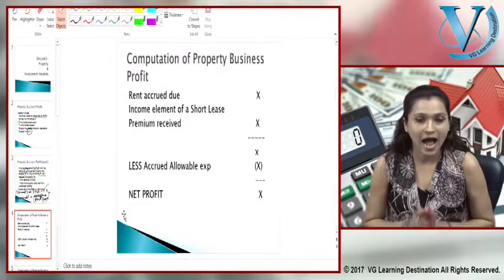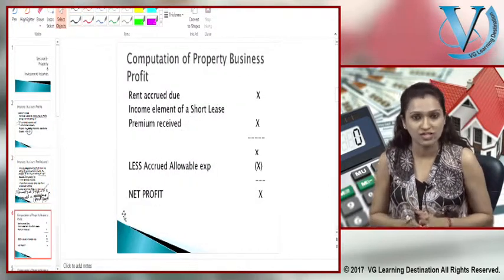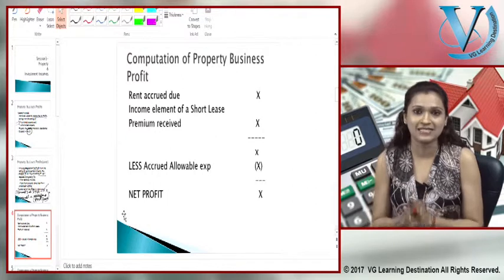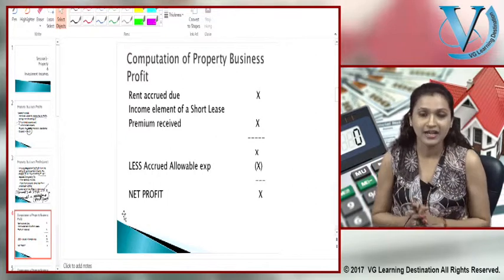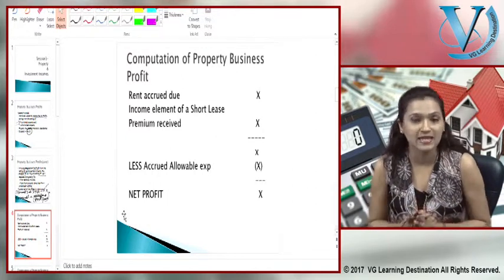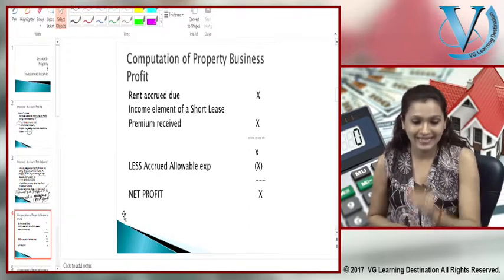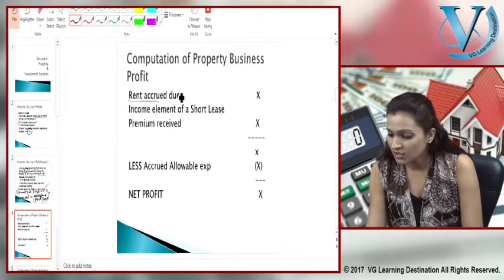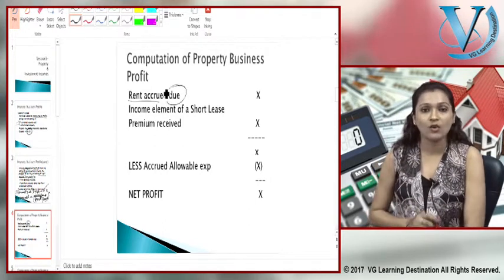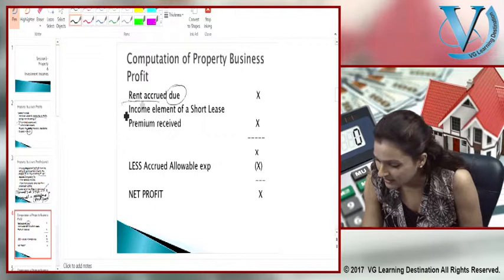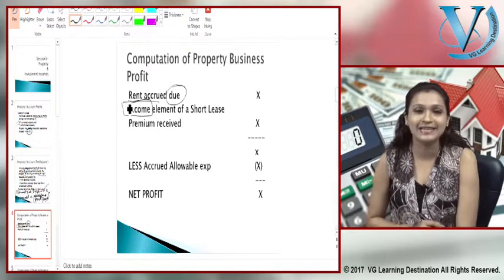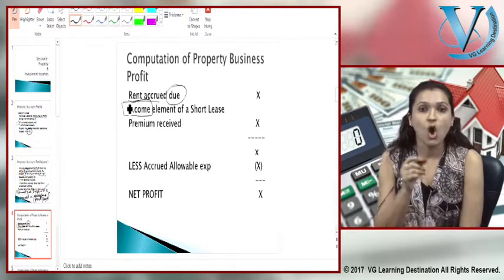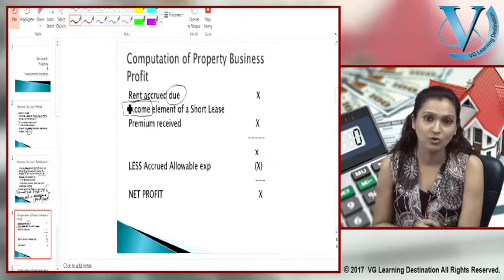Let's have a look at how you're going to calculate your property business profits, the pro forma for it. You first start with the income in the form of rental income, the rent accrued due. In that you add only the income element of a short lease premium received. Remember, only the income element is going to be added.